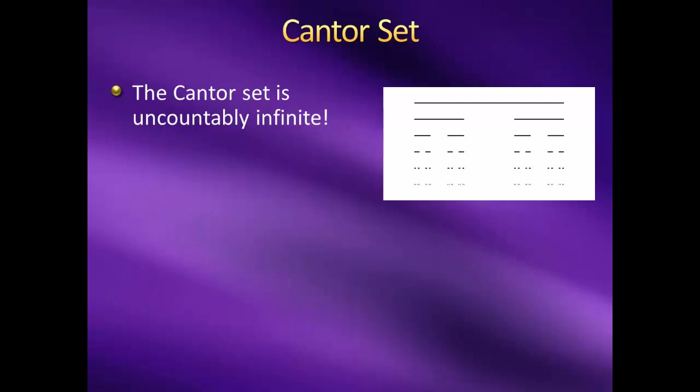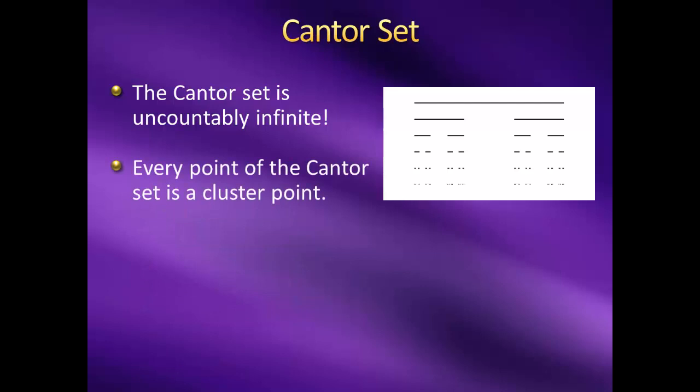But it gets stranger. Every point in the Cantor set is a cluster point. Any neighborhood of a point will contain other points, in fact, infinitely many other points that are also in the Cantor set. But that same neighborhood will also be guaranteed to contain points that are not in the set. So the Cantor set has no interior.